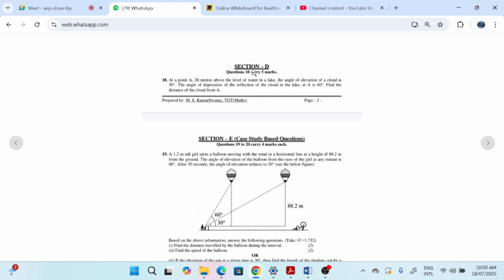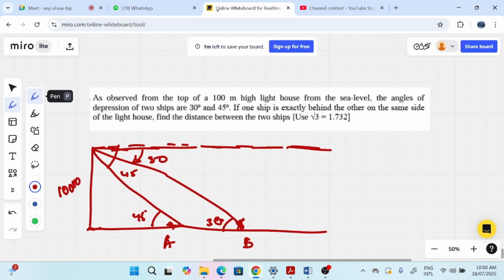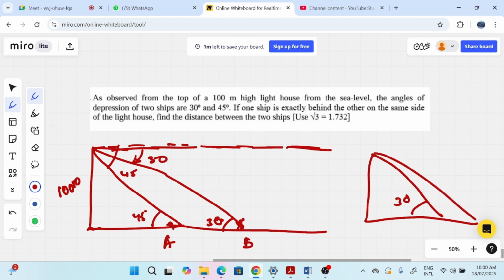Why can't it be like this? See, guys, logically, you think if this is for 30 degree and the smaller one is 45, how is it possible? The nearer one is a bigger angle, right? Big angle, small angle.